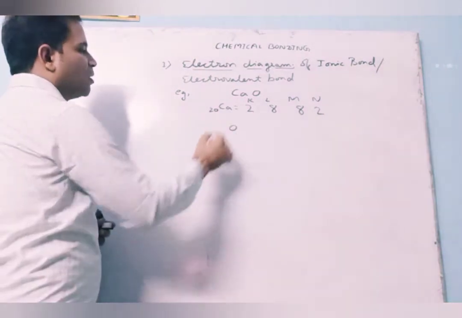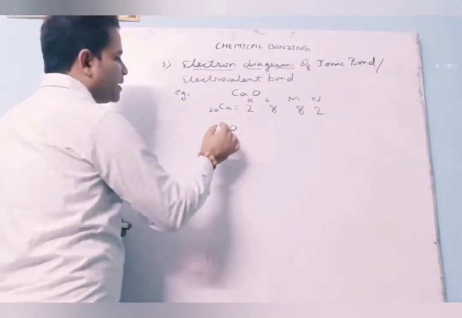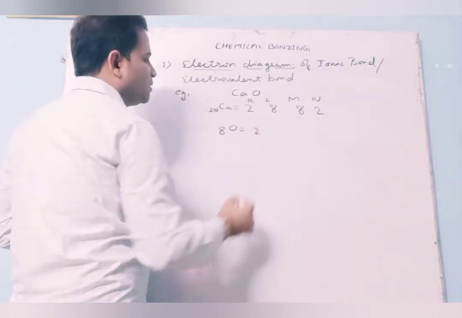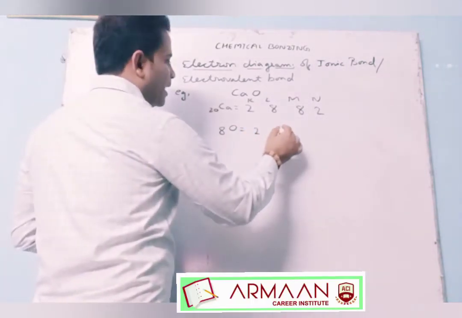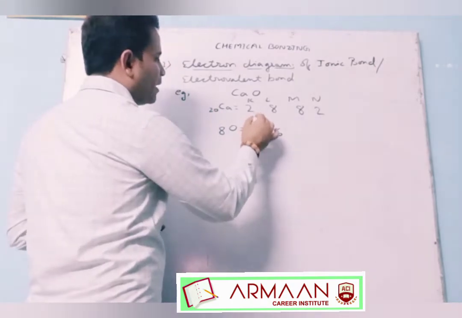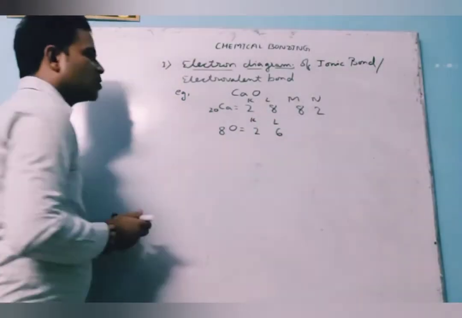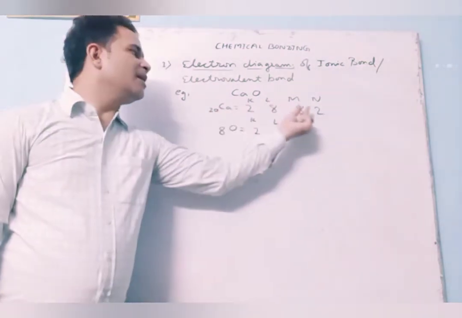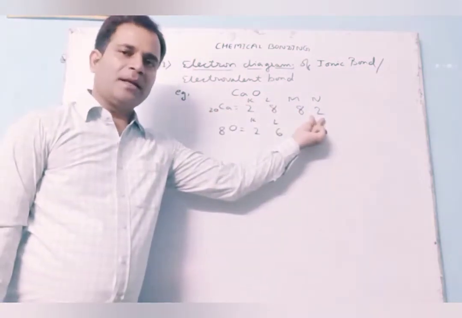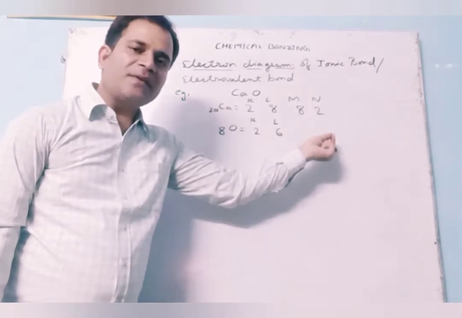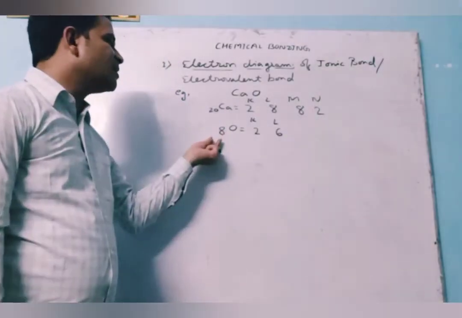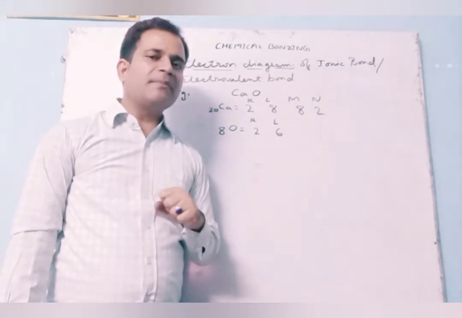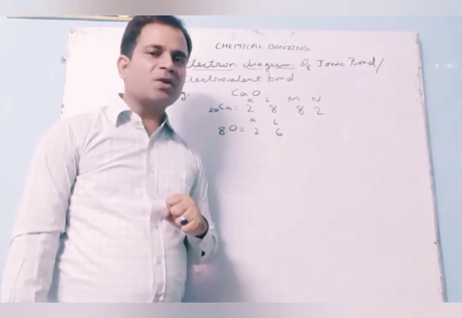Now in oxygen, the atomic number is 8. So the electronic configuration is 2 and 6 electrons in its valence shell. So see here, the calcium needs to lose 2 electrons, clear, to fulfill the inert gas electronic configuration, while the oxygen requires 2 electrons so that it becomes stable or fulfills the inert gas electronic configuration.